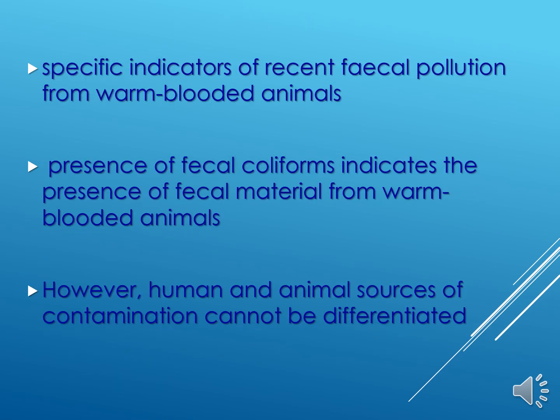E. coli or thermotolerant coliforms are specific indicators of recent fecal pollution from warm-blooded animals. The word recent becomes important because these organisms do not survive for a long time under environmental conditions. So they indicate recent pollution, and because they are thermotolerant fecal coliforms, they indicate fecal pollution.